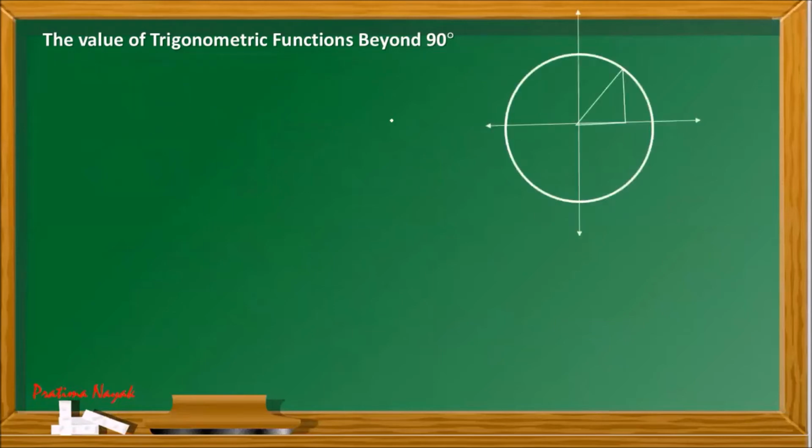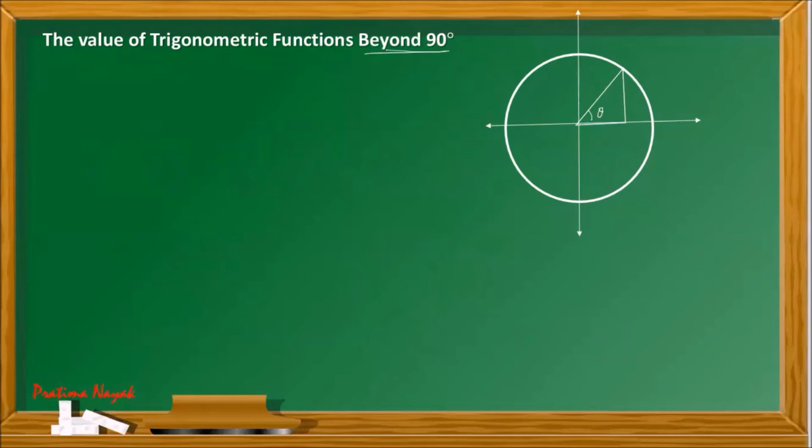So I have taken a circle and we call it a unit circle. That means I have taken the radius of the circle as 1. Now this angle is theta. I want to find the value of all trigonometric functions. First I am writing within 90 degrees, then I'll go beyond.